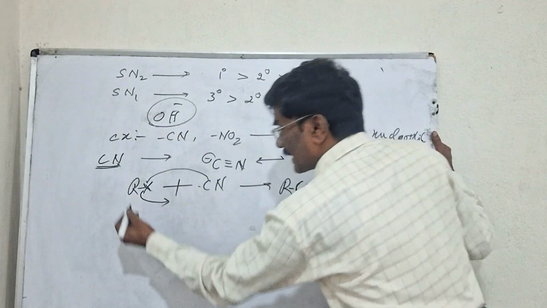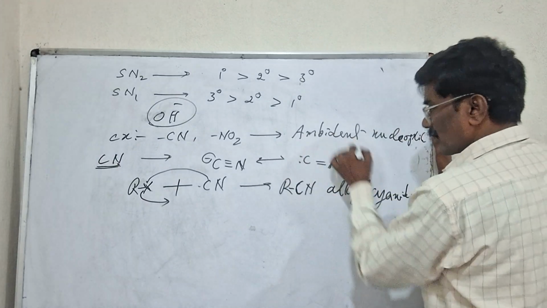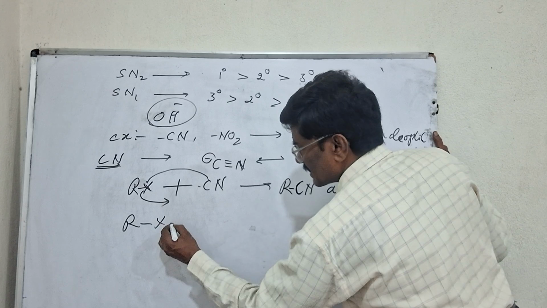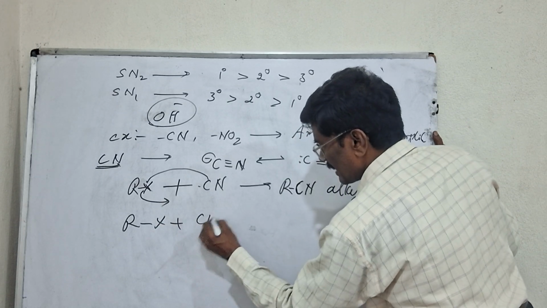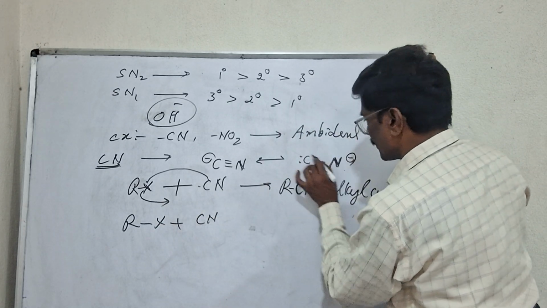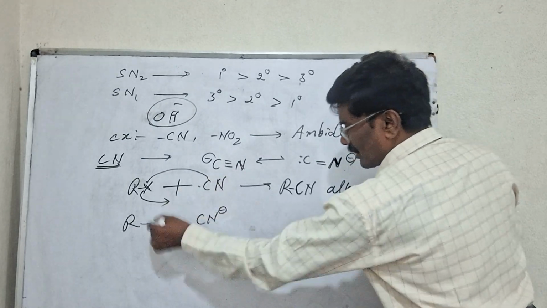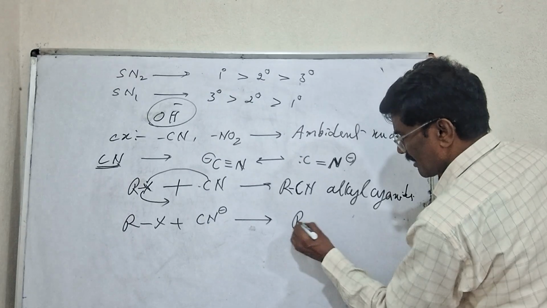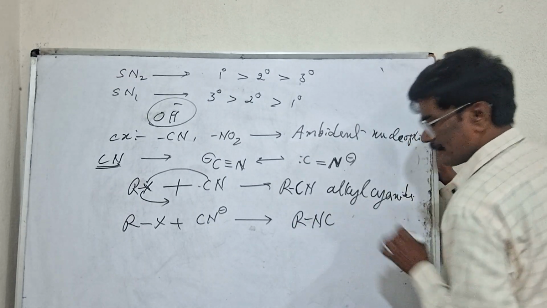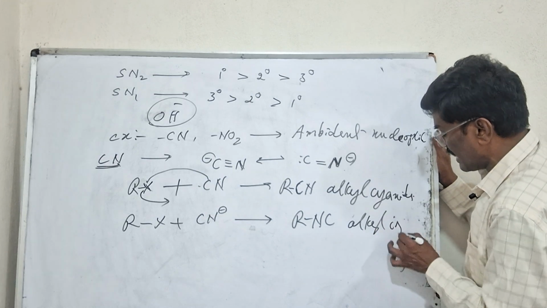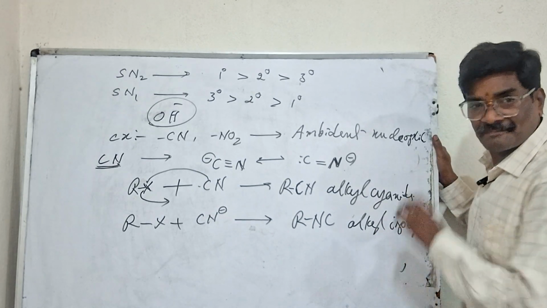Here, when nitrogen attacks in this resonance structure, nitrogen attacks RX. Here C has the negative charge, in this one nitrogen has the negative charge. So nitrogen attacks, then what is the product? RNC. This is alkyl isocyanide.